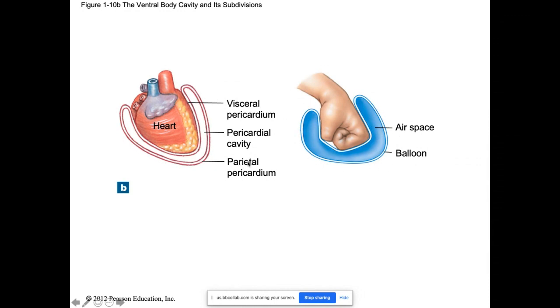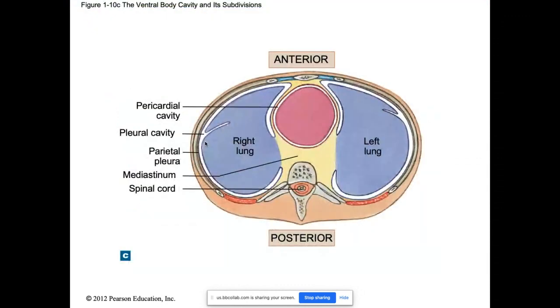That's called the parietal pericardium, if it was the heart. So this holds true whether it's the pleural cavity for the lungs, there'll be the visceral pleura, parietal pleura if it was the lungs, and then we'll see it true with the abdominal organs. It doesn't really change.